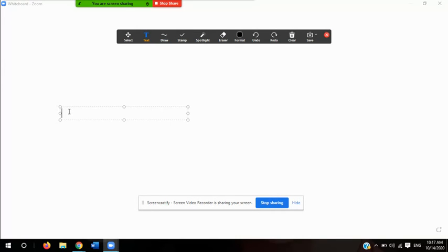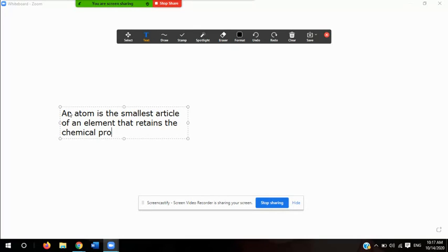The modern definition of the atom is that it is the smallest particle of an element that retains the chemical properties, that maintains the chemical properties of that element.